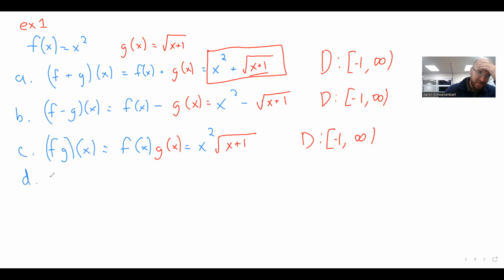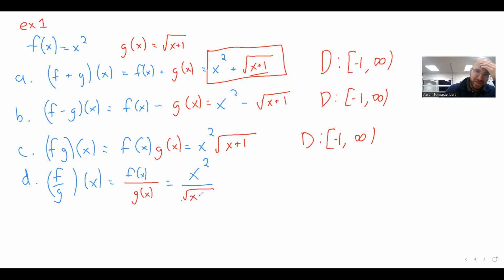This one will have a slightly different domain, f over g. That's f of x divided by g of x. I've still got my restriction for the square root part, which is -1 to infinity.